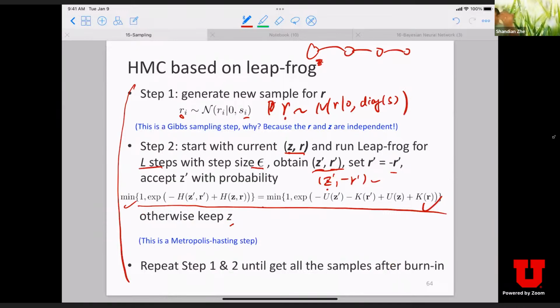And then after finishing these two steps, you get a new sample at the next step, Z n plus 1. And then you do this again, you get the next sample of Z and continue until your Markov chain has converged. Does it make sense? Any questions so far?